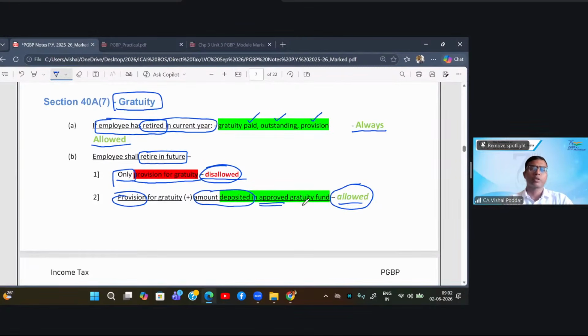You open a special fund, which is gratuity fund, make it as per the conditions so that it gets approved. So once it is approved gratuity fund and you are depositing the provision amount in this fund, then even the provision for gratuity, which is deposited in this approved gratuity fund, will be allowed as deduction.